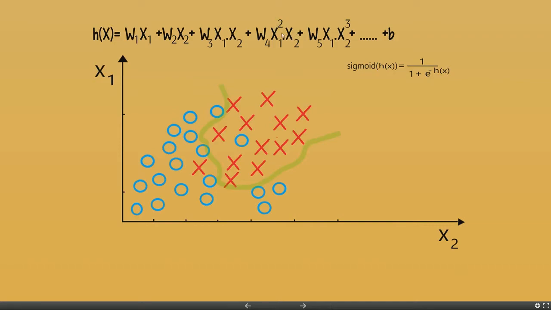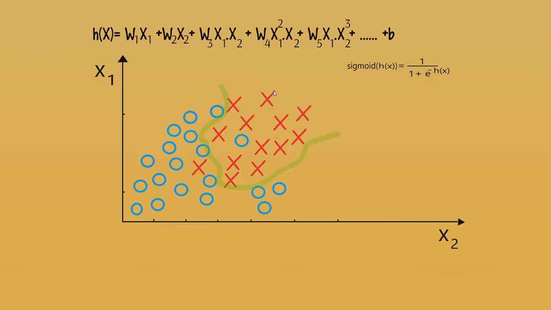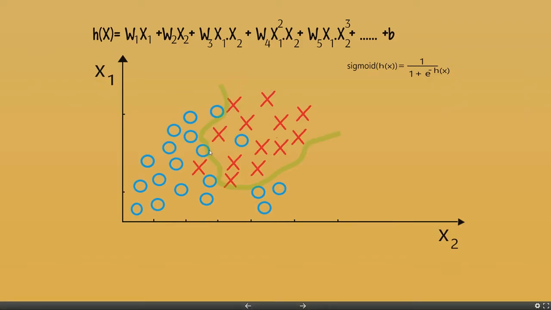We learned about the quadratic function and the cubic function: just multiply the features, making new features out of the old features. Easily speaking, just make the hypothesis function more complex. In that way, you can get a more complex decision boundary.